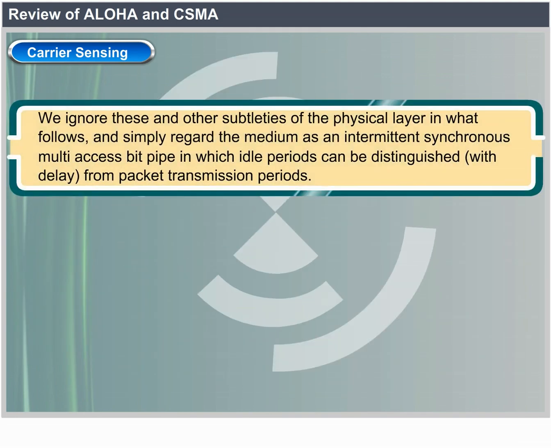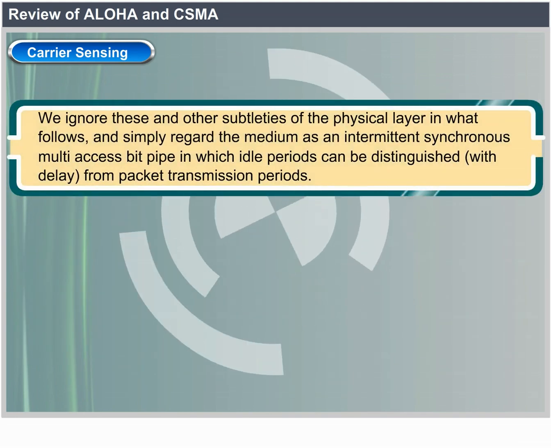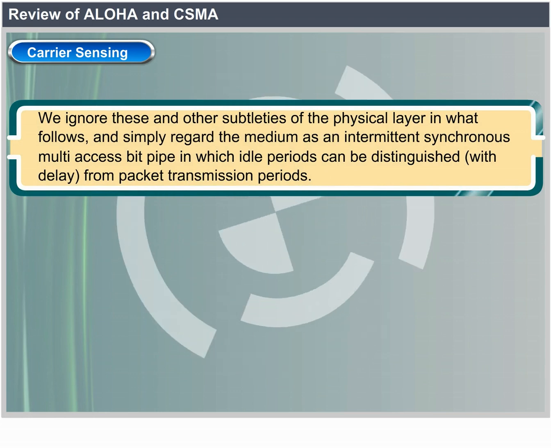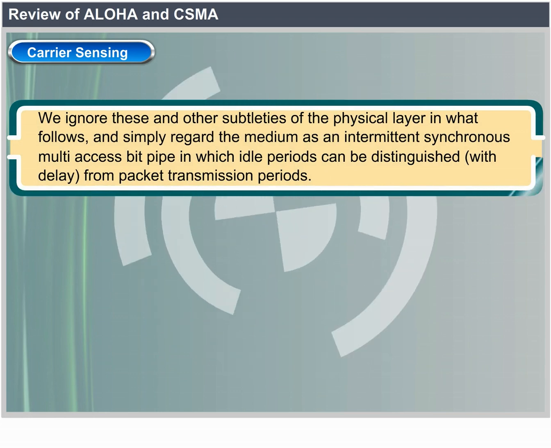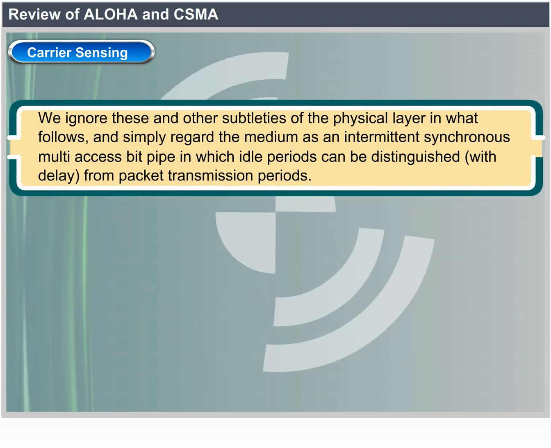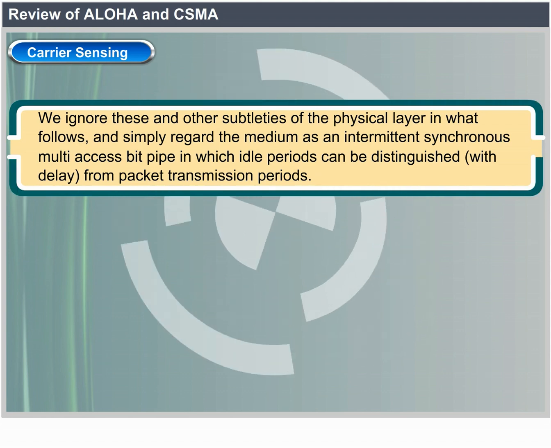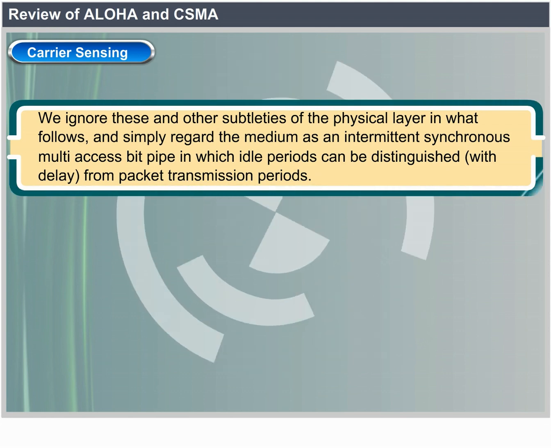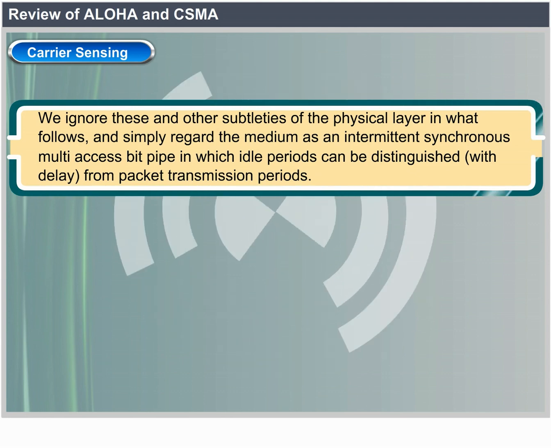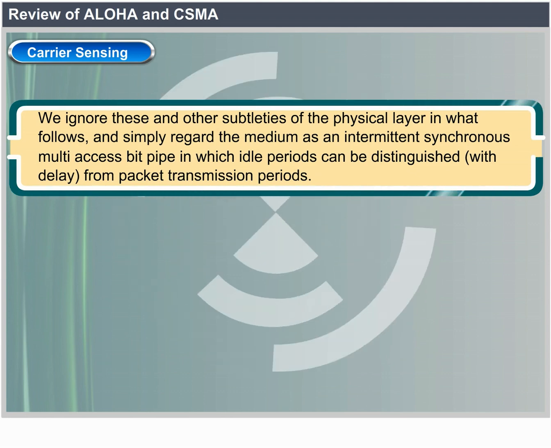We ignore these and other subtleties of the physical layer in what follows and simply regard the medium as an intermittent synchronous multi-access bit pipe on which idle periods can be distinguished with delay from packet transmission periods.